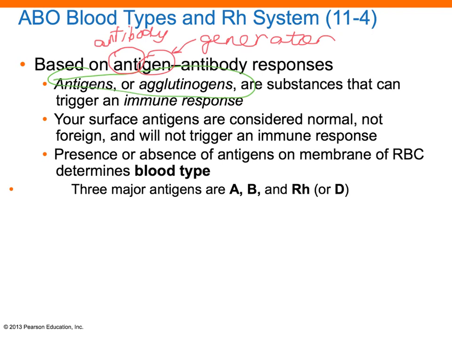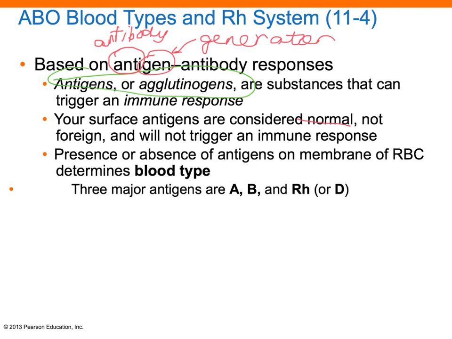Your surface antigens are absolutely normal to you. The inventory was taken, they're normal, they're not foreign, so they wouldn't trigger an immune response. The problem comes when another type of blood is introduced into you, because then that will trigger an immune response.